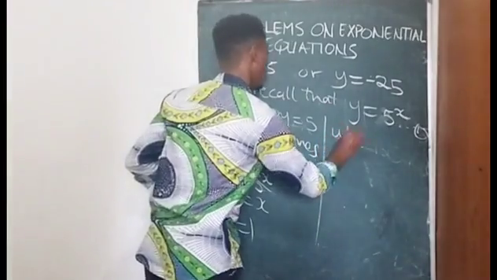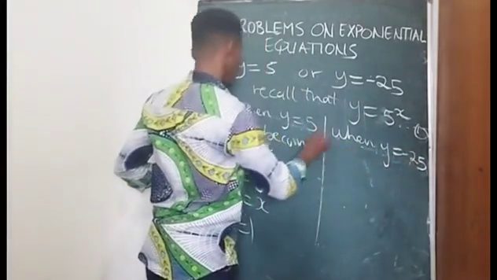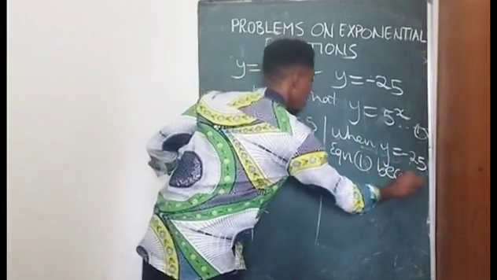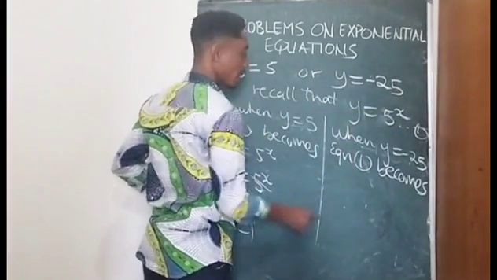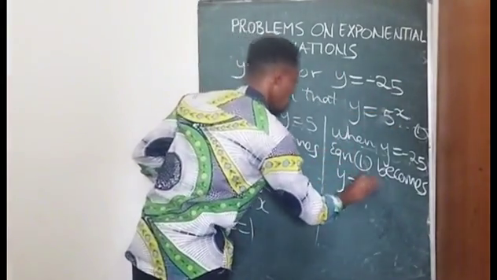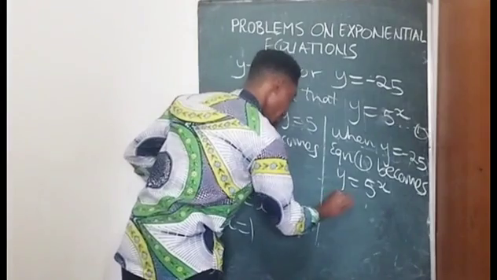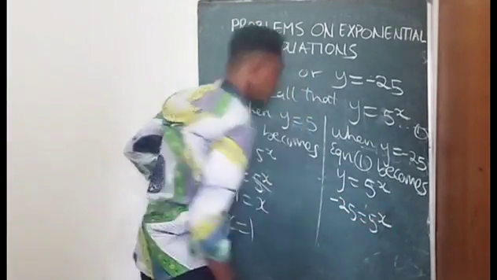So, when y equals minus 25, equation 1 becomes y equals 5 raised to power x. That means in place of y, I'm going to put minus 25 equals 5 raised to power x.